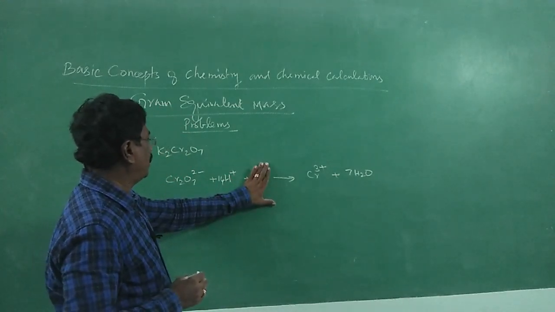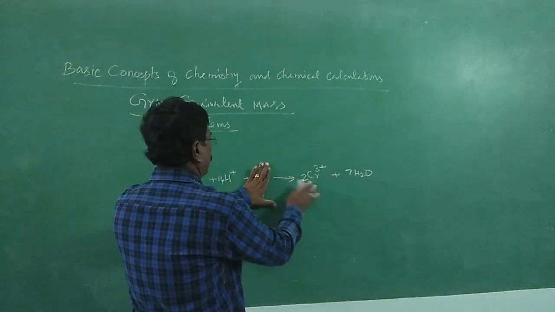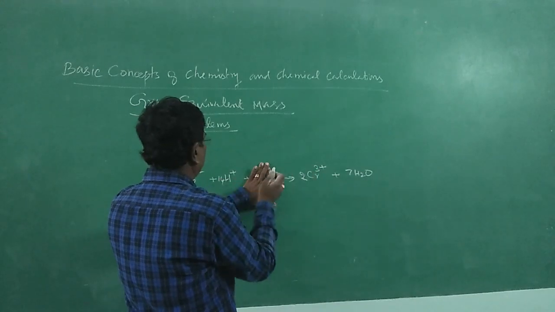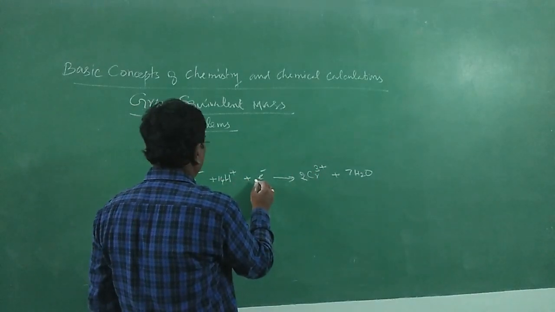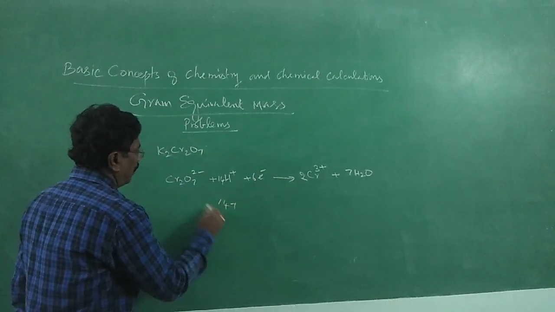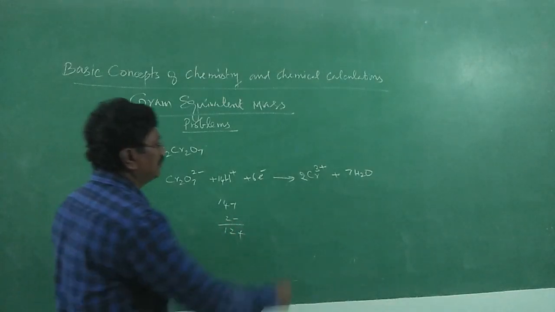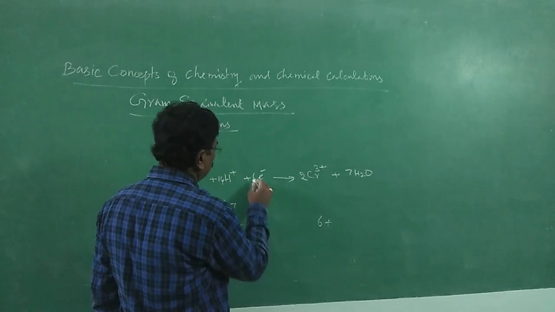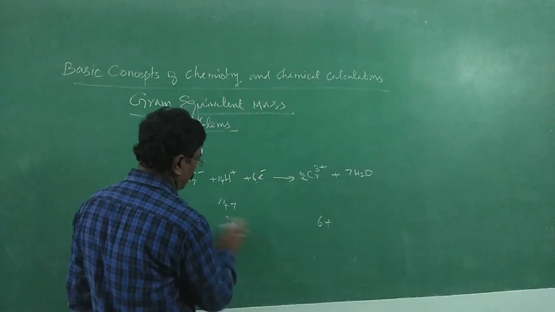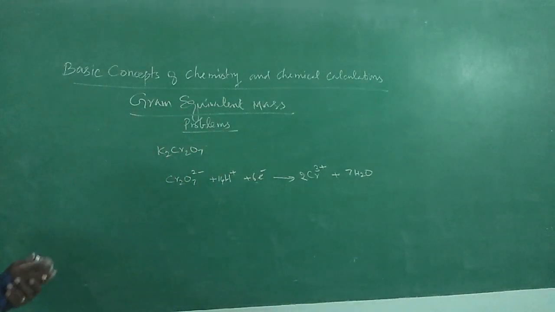If we forget about electrons, 12 plus here and 6 plus there. Why 6 plus? 2 Cr, therefore 6 plus. Remaining 6, therefore 6 electrons. 14 plus 2 minus is 12 plus. This side we have 6 plus. We need 6 minus to nullify the excess 6 plus. So this is the half reaction.